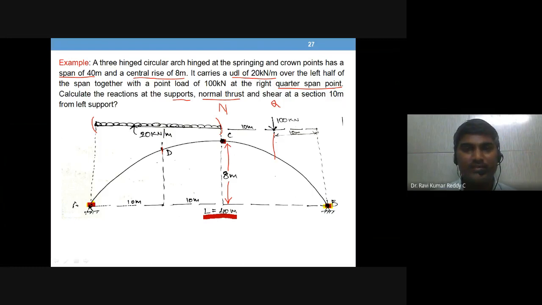So this is a point where you need to find out N and Q. You need these two values at this point. And calculate support reactions at A, support reactions at B. So this is the question, what you need to calculate and what is the given data. So let's see how it is being solved.